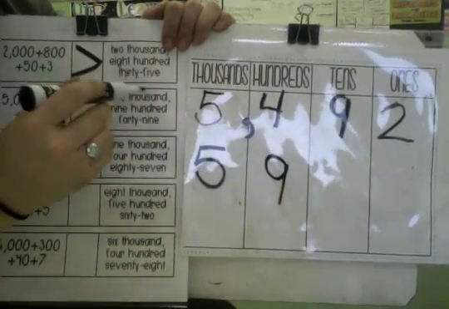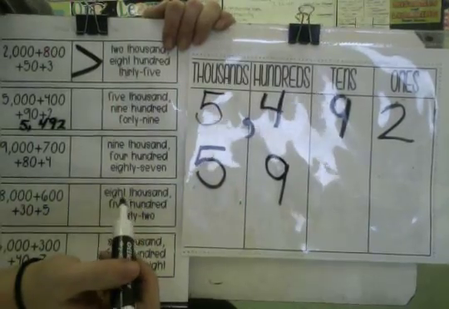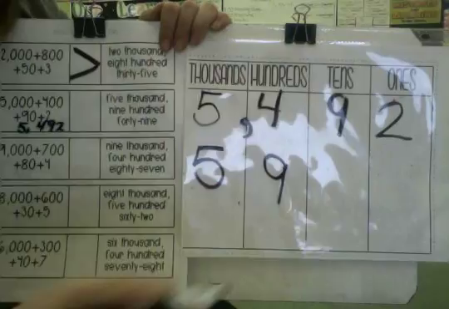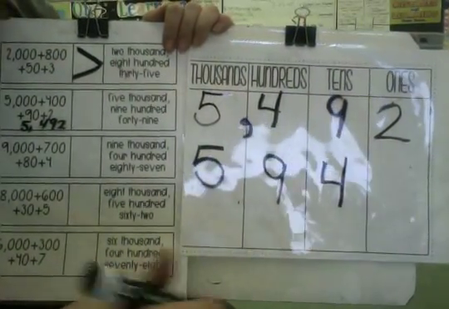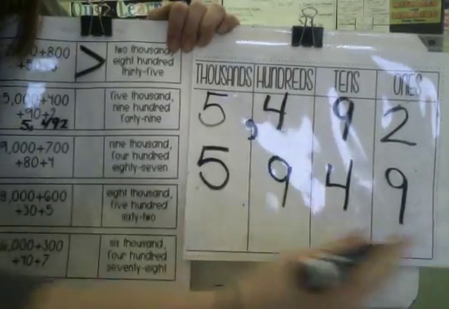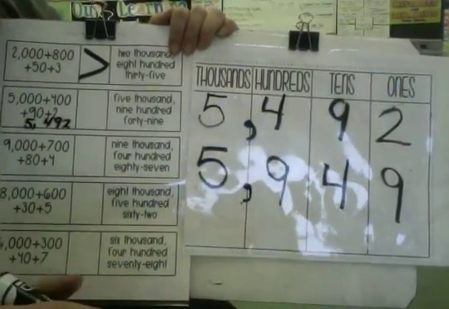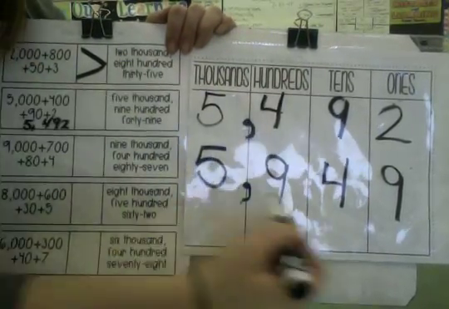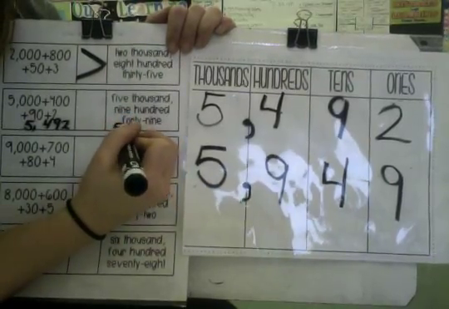Very good. 5,949. In the number 49, how many tens do you have? 4. Very good, because 40 is 4 units of 10. And then we have 9 units of 1 in the number 49. Put your comma, please. So this says 5,949, and this is what it looks like in standard form. Let's write that right below.